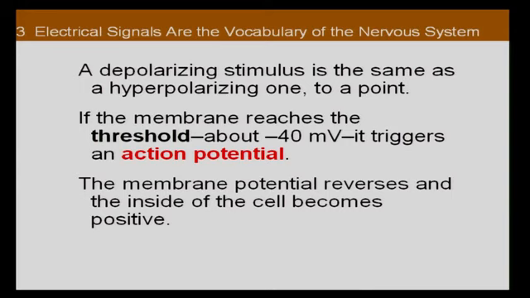And during this temporally brief burst of depolarization, the membrane potential reverses and the inside of the cell becomes positive, but just for a very, very short time, okay? So there is a threshold, -40. Once you reach there, you get an action potential.